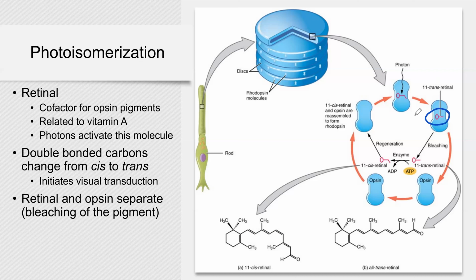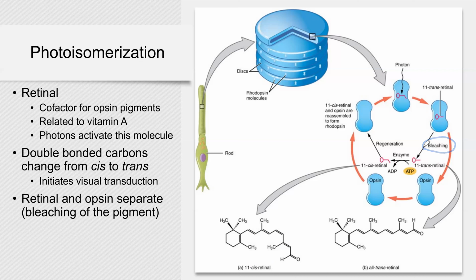So from cis, it became trans. So here's our cis, this is our trans. So like I'm in trance. When that happened, the retinol and opsin separate. You see, it goes one way, this goes another way. This is called bleaching of the pigment.